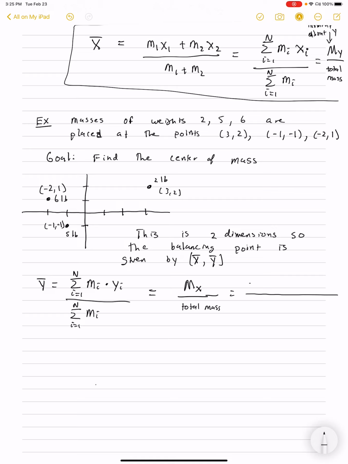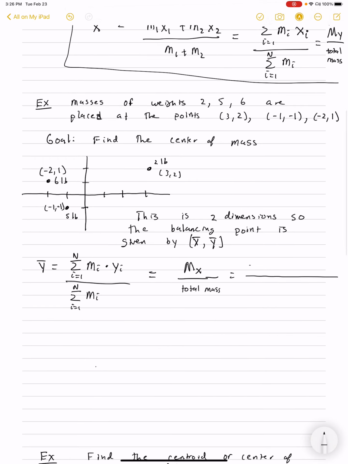We need to satisfy the balancing condition in both x and y. So y bar is nothing more than the sum of masses times yi divided by total mass. So I just need to repeat this balancing condition twice, and that's my center of mass.